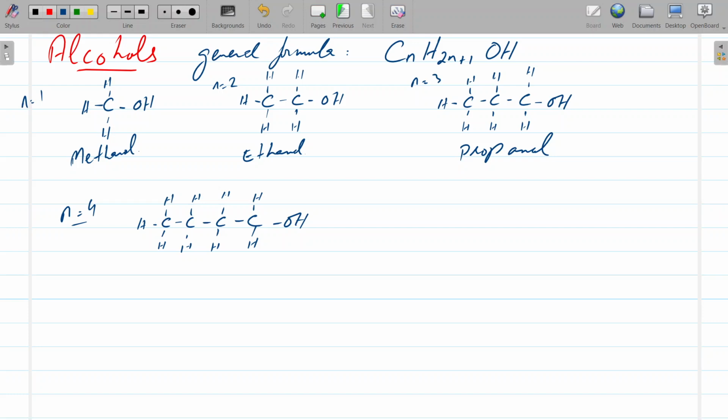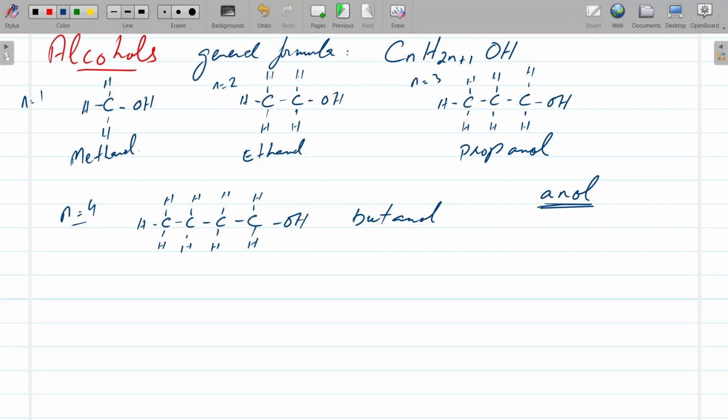Butanol. Good. So you get the but, and then you add the anol. For an alcohol, the suffix of the name is anol. Whatever number of carbons you have, you can see methanol, ethanol, propanol, butanol. That's the suffix you're going to use for the naming.